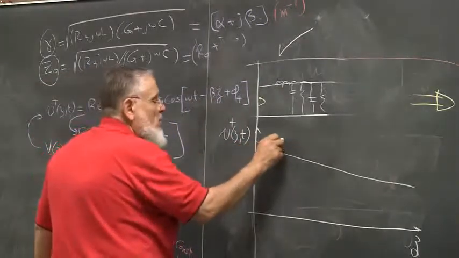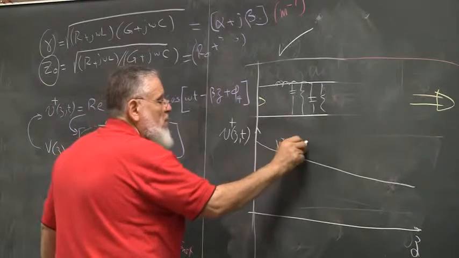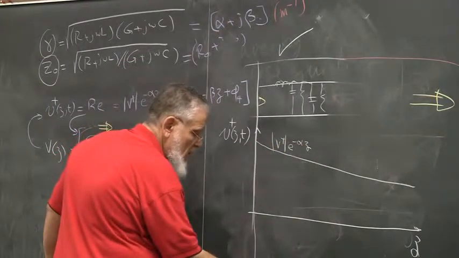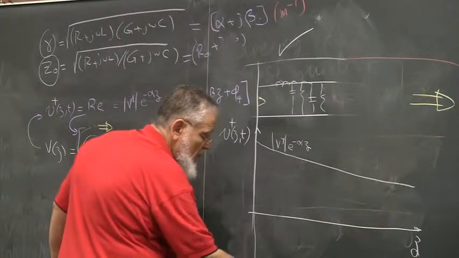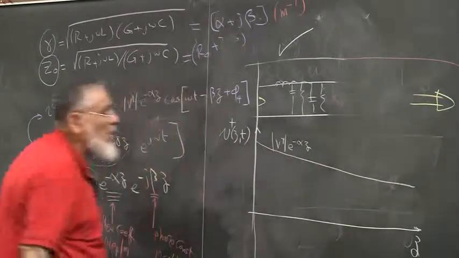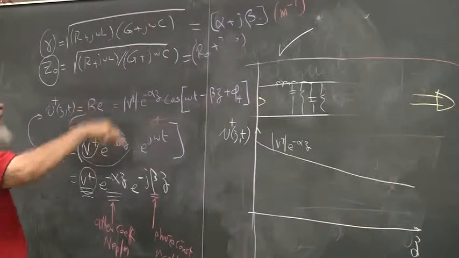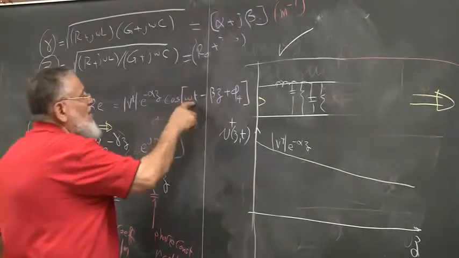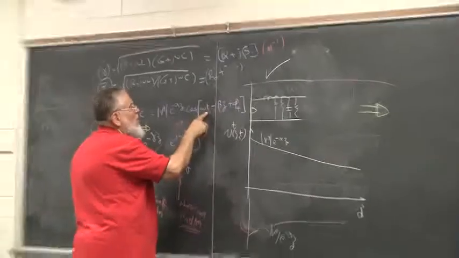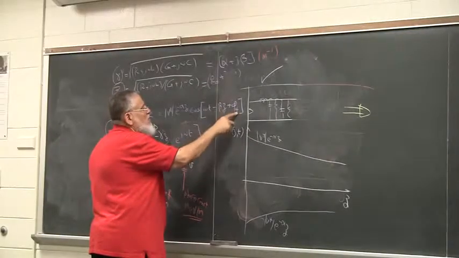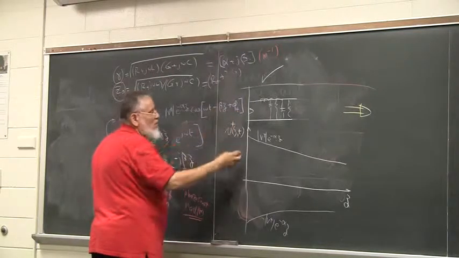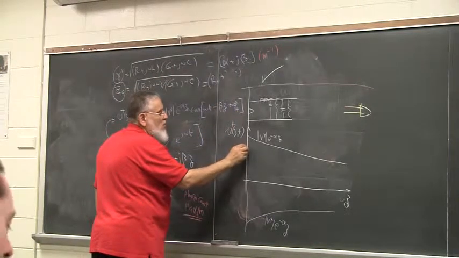This is V plus e to the minus alpha z, and this one is minus V plus e to the minus alpha z. I multiply by cosine, so the cosine goes in between, but the cosine has a time factor in it, a z and phi plus. So we start somewhere, and it goes like that.